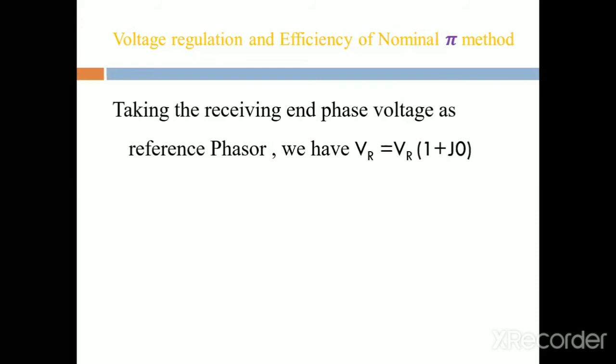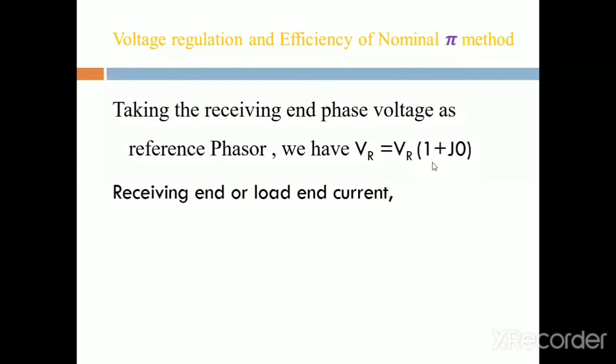First, taking the receiving end phase voltage VR as a reference phasor, VR is equal to VR into 1 plus J0.